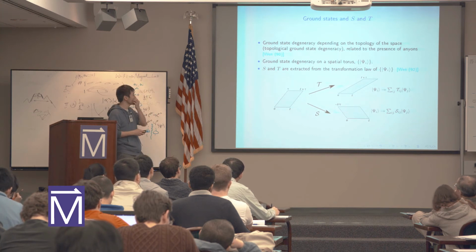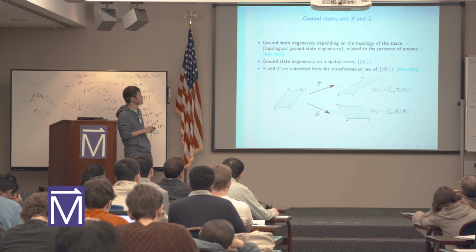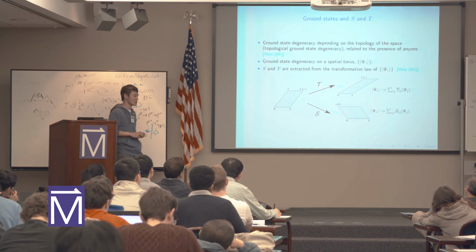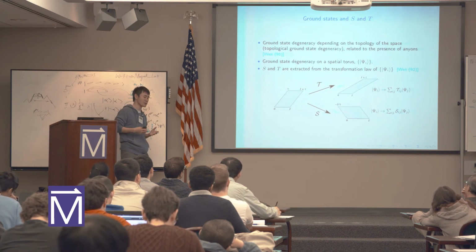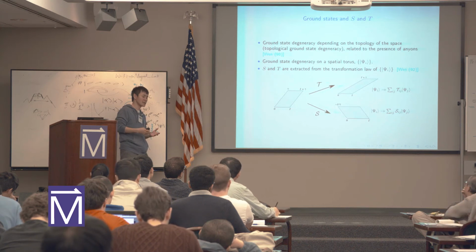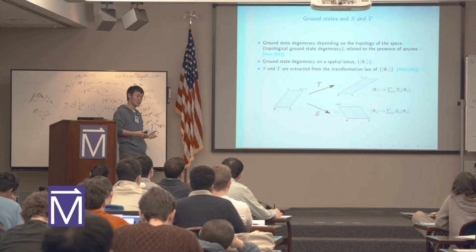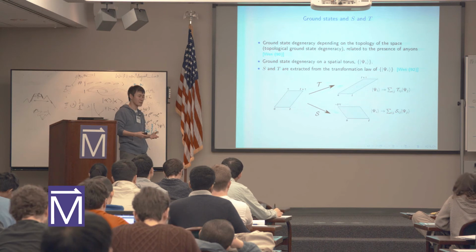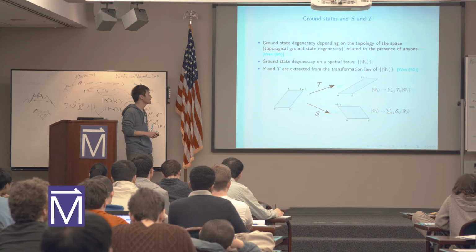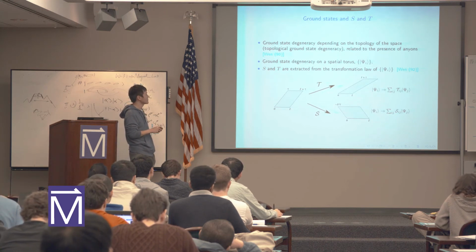So that's called topological ground state degeneracy. It's called topological because once you change the topology of the space, for example, if you change the number of holes in your spatial manifold, the degeneracy changes. Okay, so that's the concept of topological ground state degeneracy.